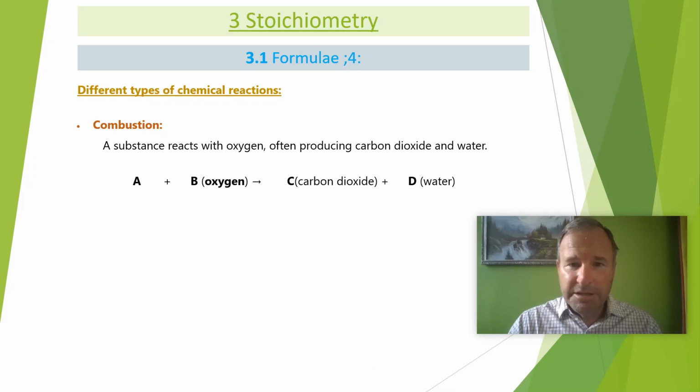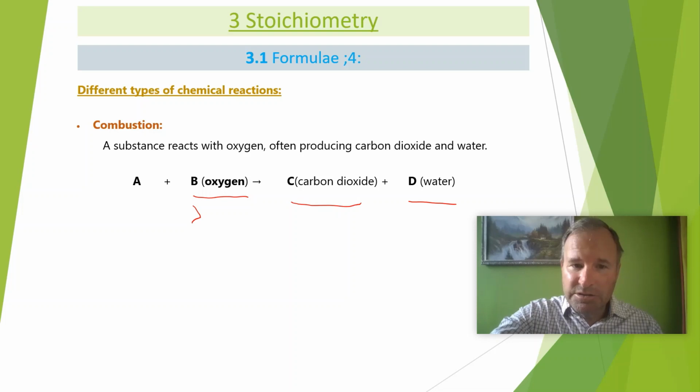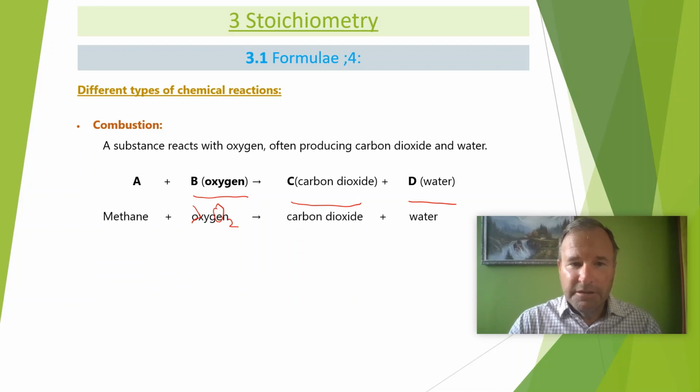So we've got A plus B gives you C plus D, but B has to be oxygen for a combustion reaction, and it usually produces these two products under certain conditions, carbon dioxide and water, usually in excess oxygen. So we have a large amount of oxygen, and we usually get those two products only. Here's an example: methane plus oxygen gives you carbon dioxide and water as a word equation.